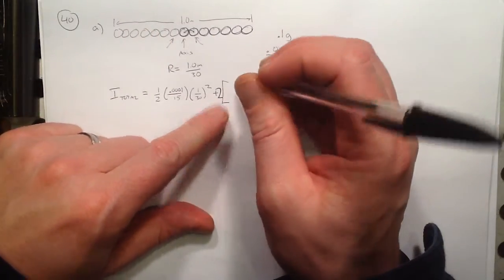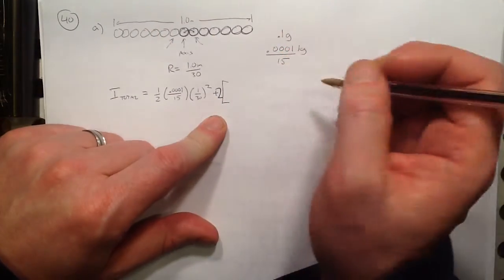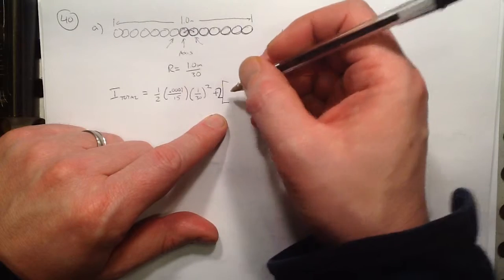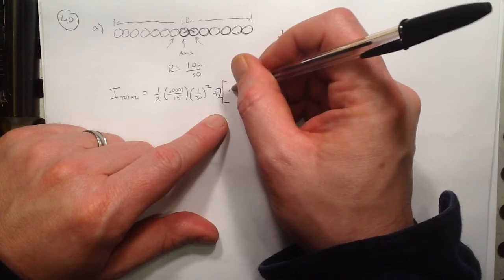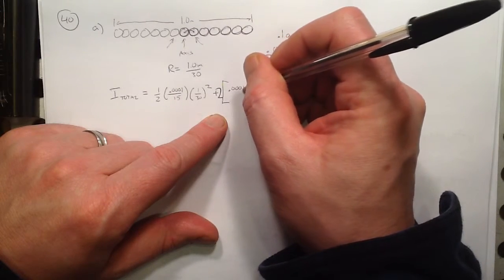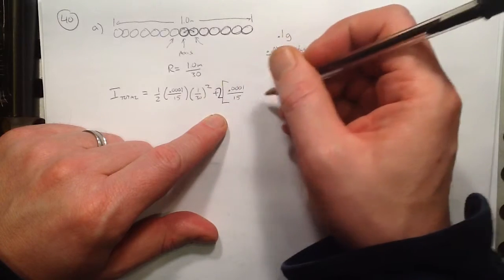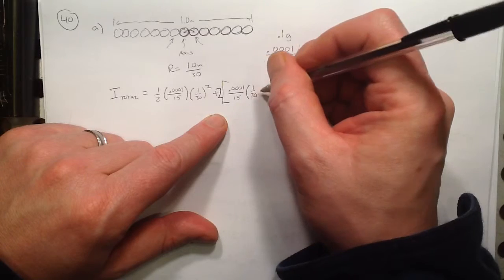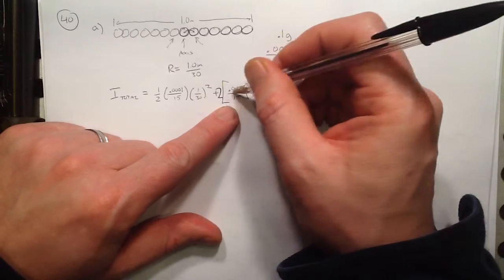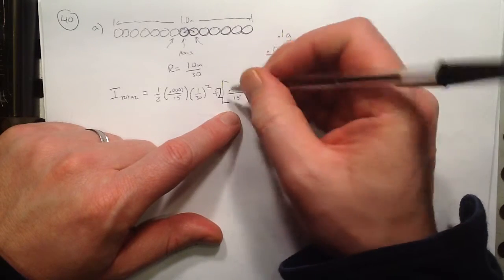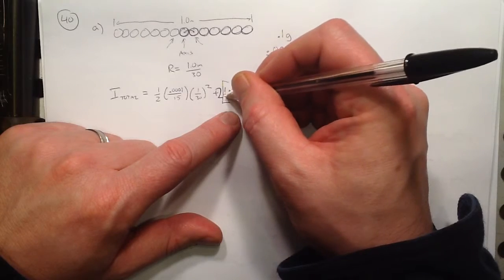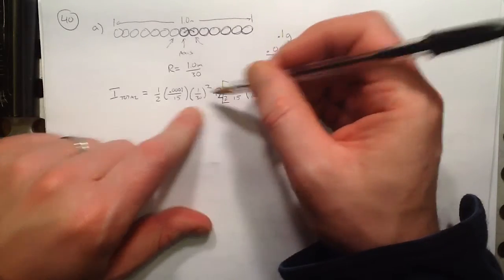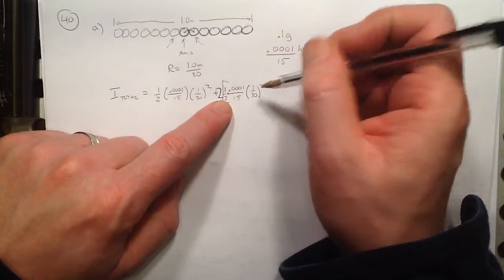So this is kind of a tedious calculation, but it's not hard. Okay, so the mass of this one is the same, 0.0001 over 15 times 1/30th squared. And it's a disk, so there's a 1/2 there too. So that's the same expression as this. That's the 1/2 mr squared.